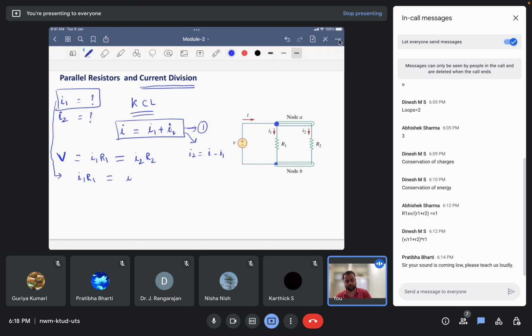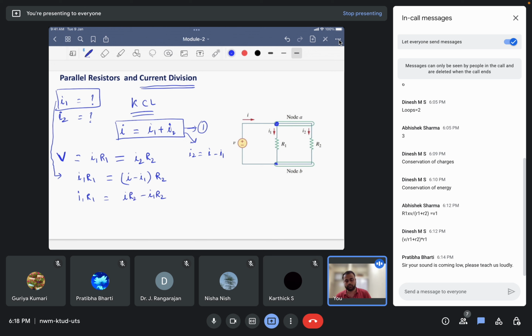So I1 R1 is equal to I minus I1 multiplied by R2. Okay, if you have any doubt you can ask. So I1 R1 is equal to I R2 minus I1 R2.